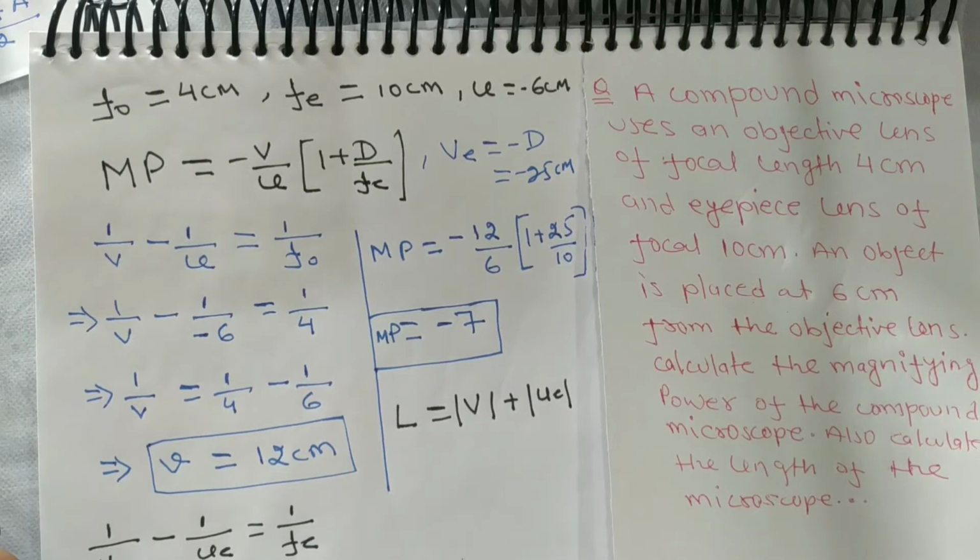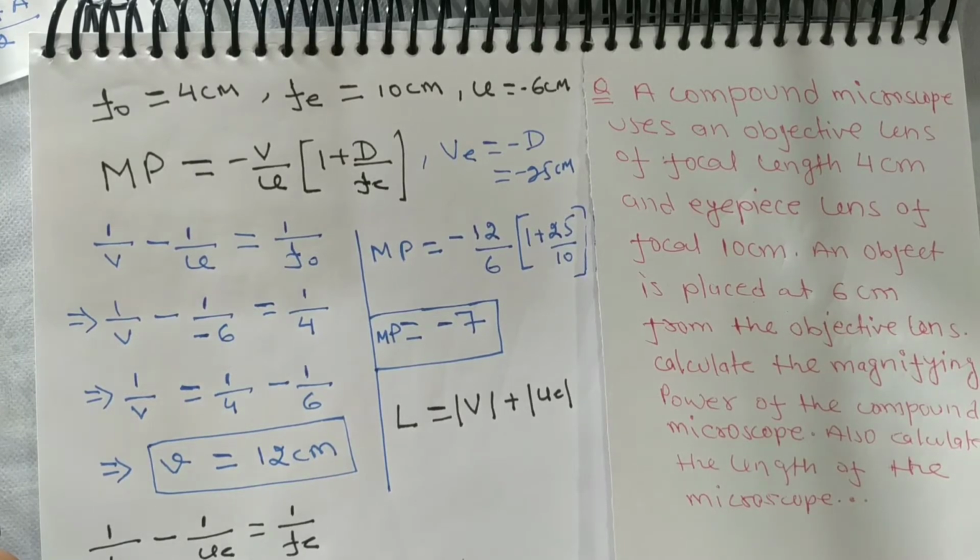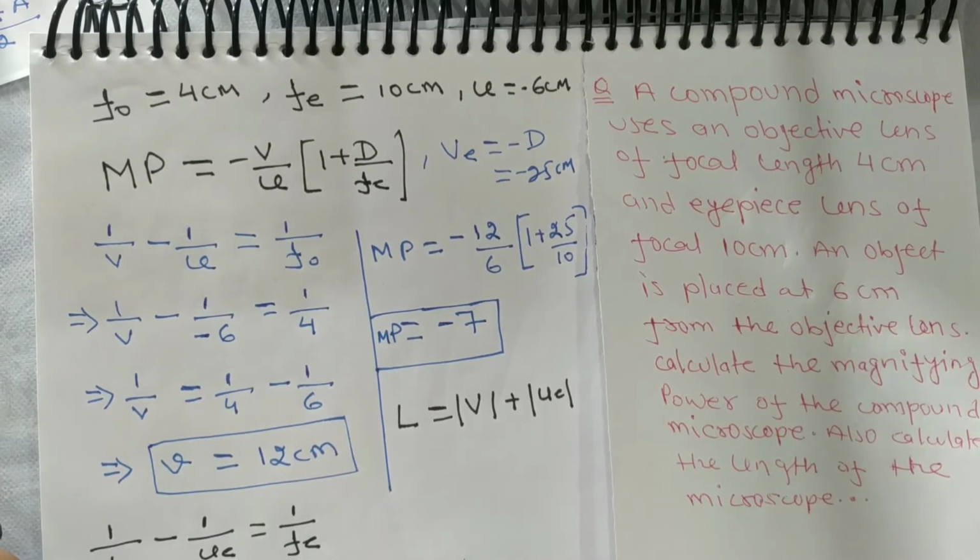1 upon ve minus 1 upon ue will be equal to 1 upon fe. So 1 upon ue will be equal to 1 upon ve minus 1 upon fe.